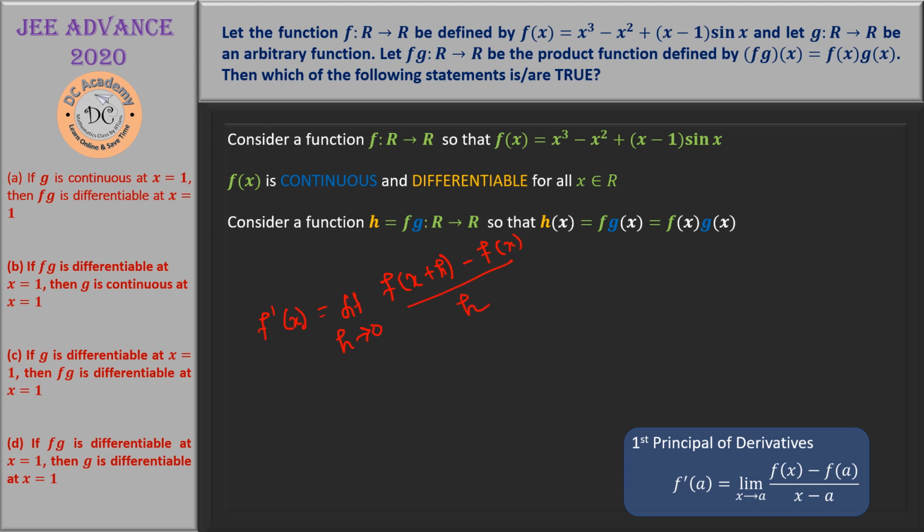Also, what is h? If I am trying to approach towards the point a, then f dash a will be equal to f(a plus h) minus f(a) divided by h. Here h means that if this is x and we are trying to approach the point a, from left or right, whatever, this h tends to 0.